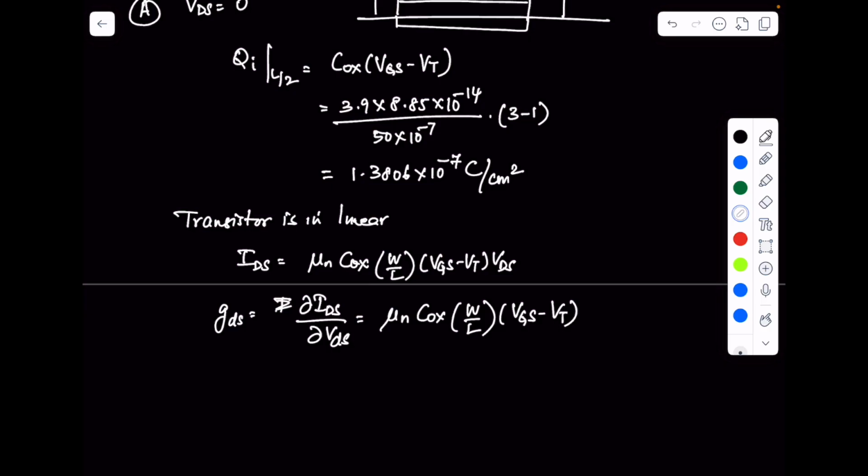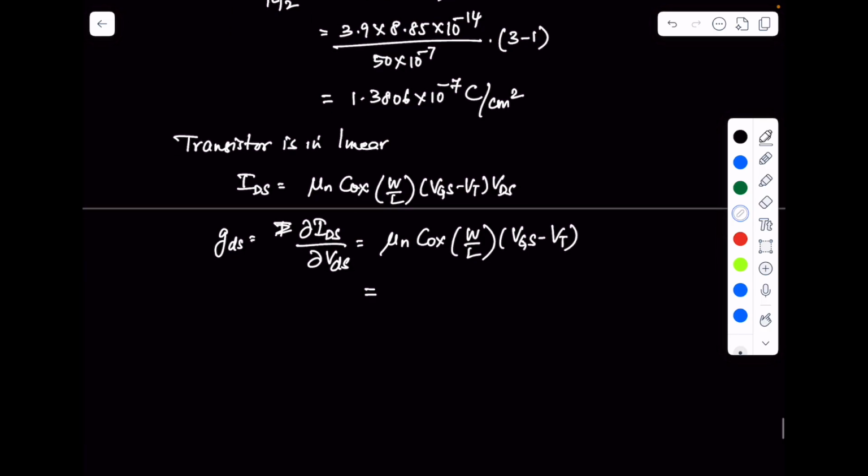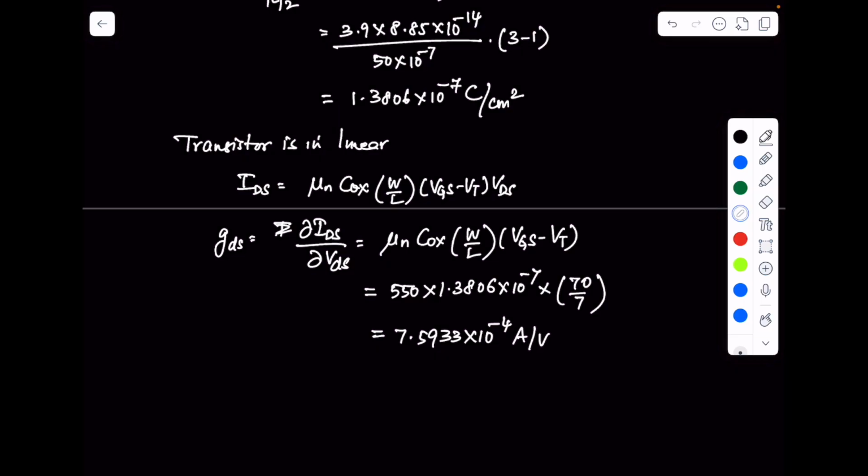Again, everything is known in this, so I can calculate this to be 550. Cox times VGS minus VT we calculated to be 1.3806 into 10 power minus 7, and your W by L is 70 by 7. W is 70, L is 7. And this works out to 7.5933 into 10 power minus 4 amps per volt, right? So that is your output conductance of the device.